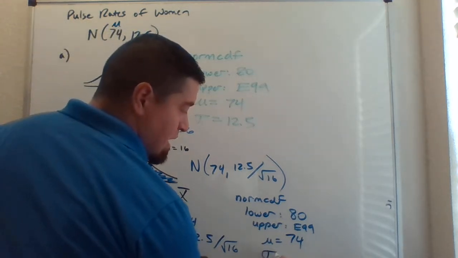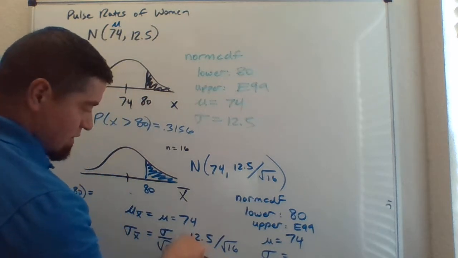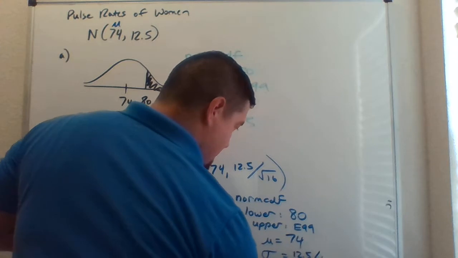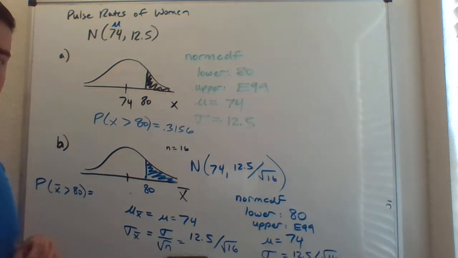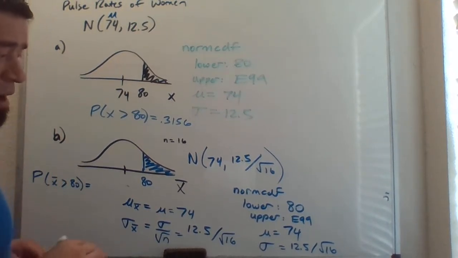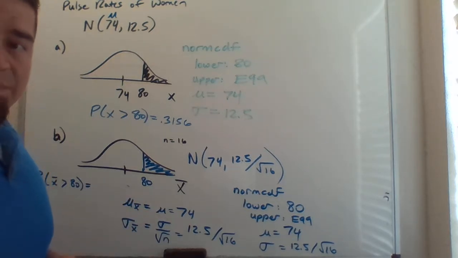And then the standard deviation should be the standard deviation of the sampling distribution, which you can literally type into your calculator, 12.5 over the square root of 16. So go ahead and do that, and I'll do the same.